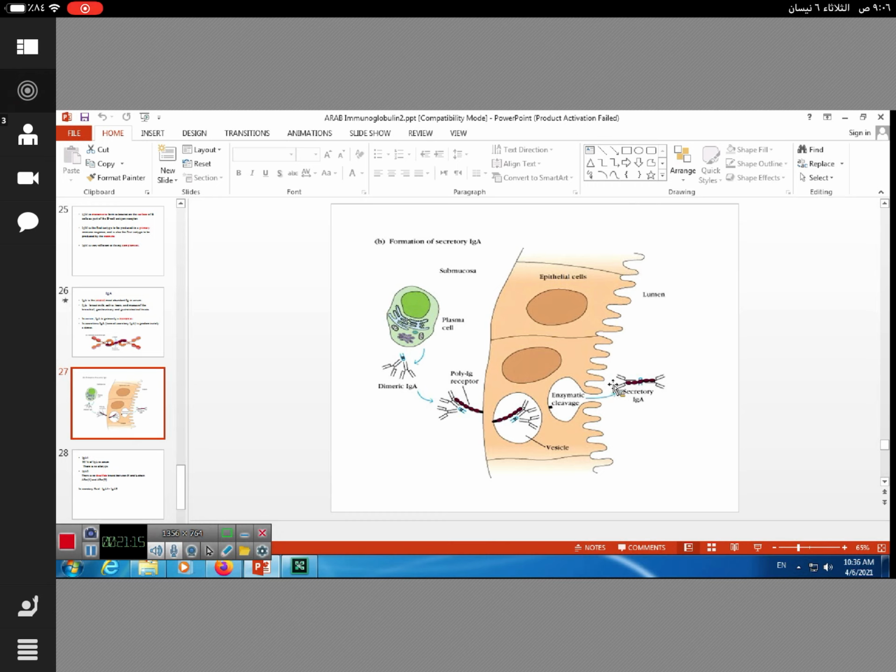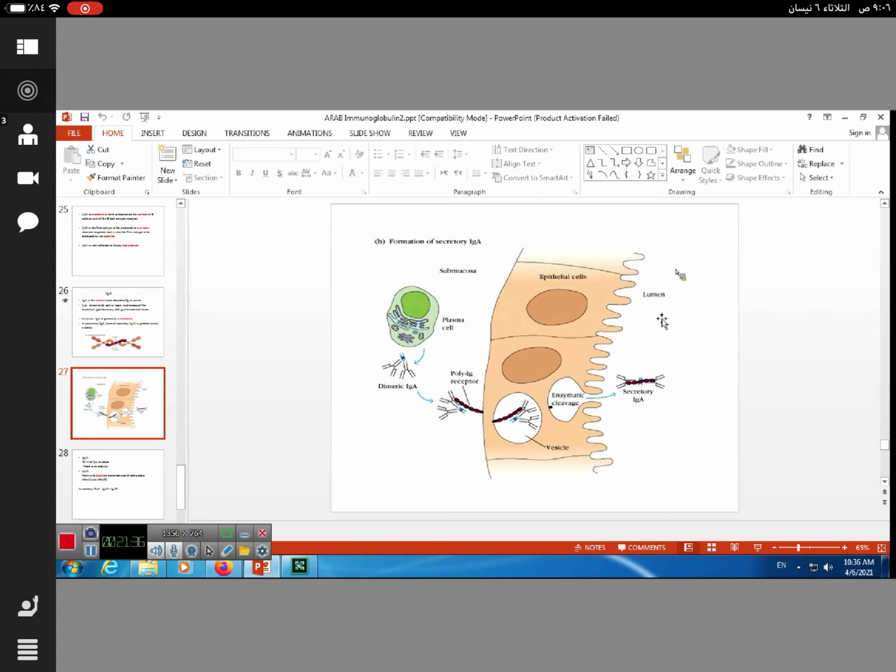The main function of the secretory component is the protection of the IgA structure against microbial enzymes. You see the lumen and epithelial cell.